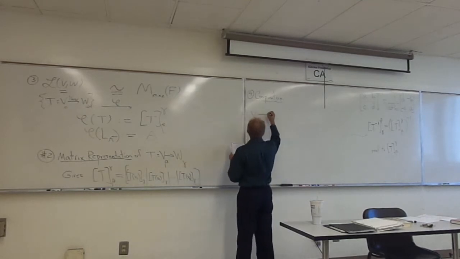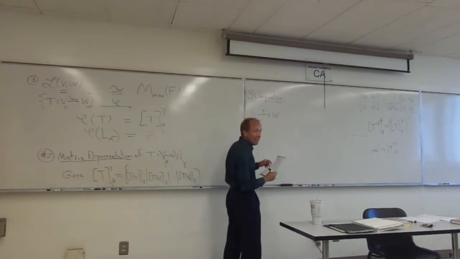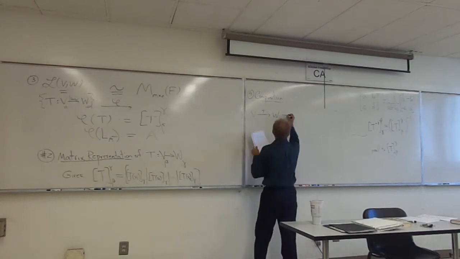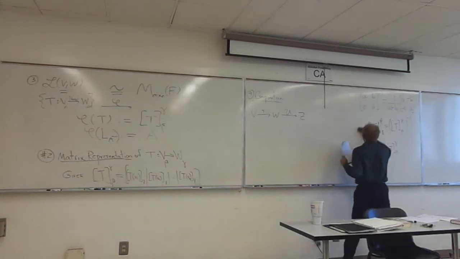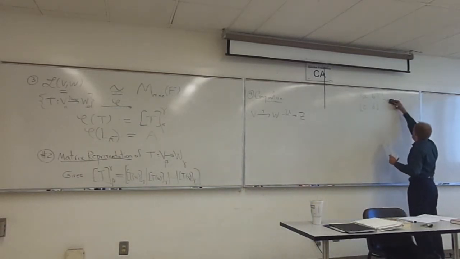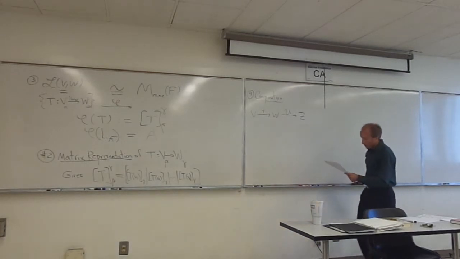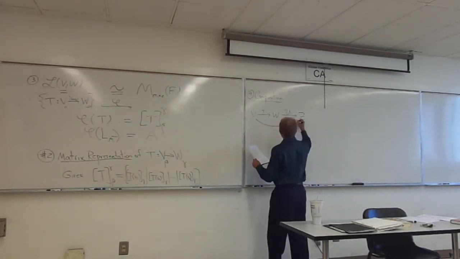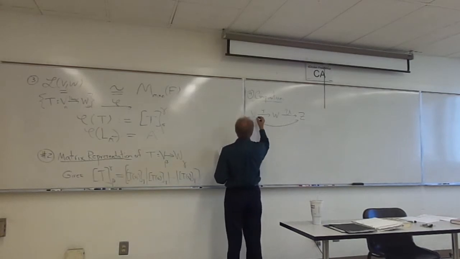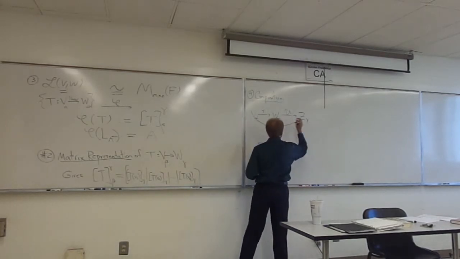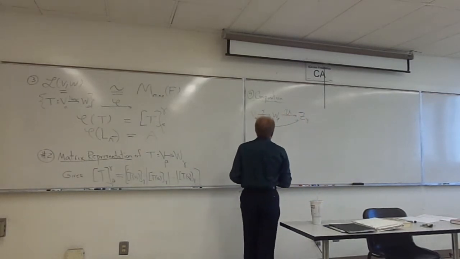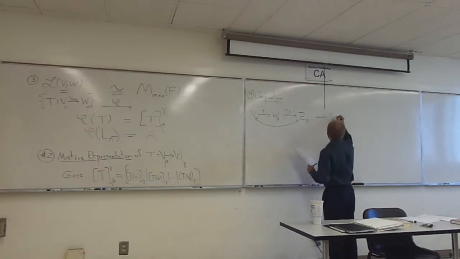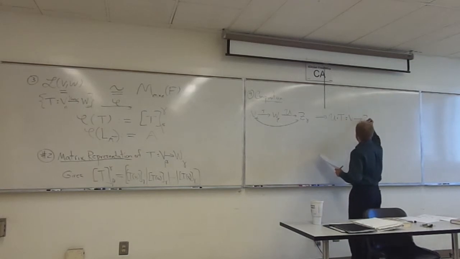But the basic setup here is that if I have a transformation T that goes from V to W, and then another transformation U that goes from W to Z, then we, of course, can compose those two together and get a single transformation. Let's say I have bases alpha, beta, and gamma for V, W, and Z, respectively. Then we get a composition, U composed with T, going directly from V to Z.